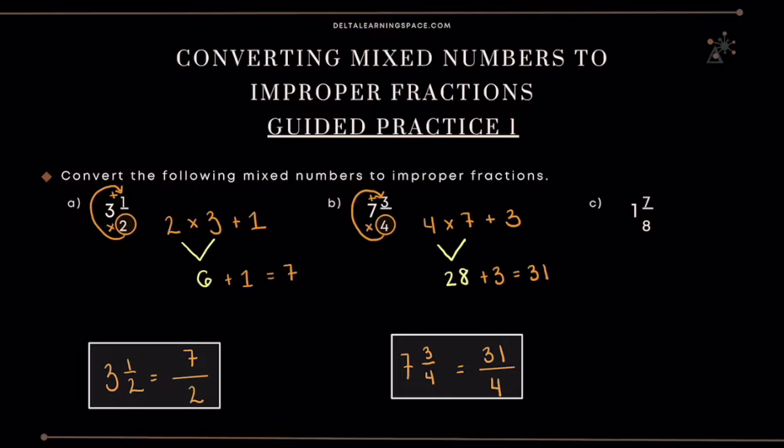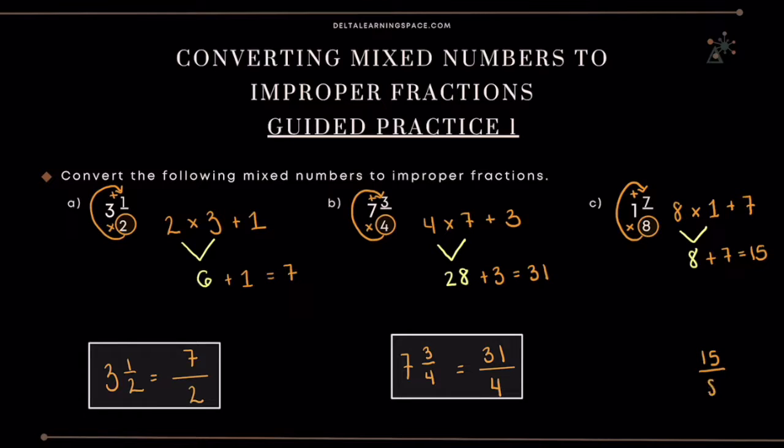Our final example is 1 and 7/8. Start with a denominator, draw a C arrow, multiply, and add. My denominator 8 will multiply by my whole number 1, and then it will be added to the numerator 7. 8 times 1 will be 8. 8 plus 7 will equal 15, and this will be my new numerator.